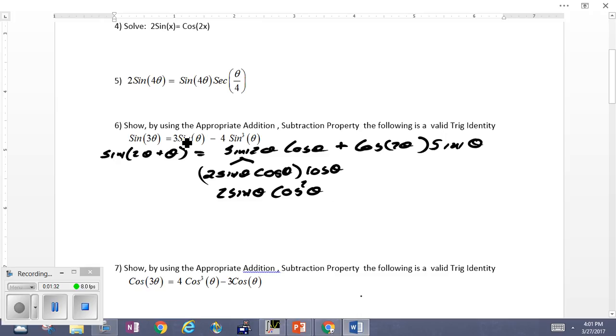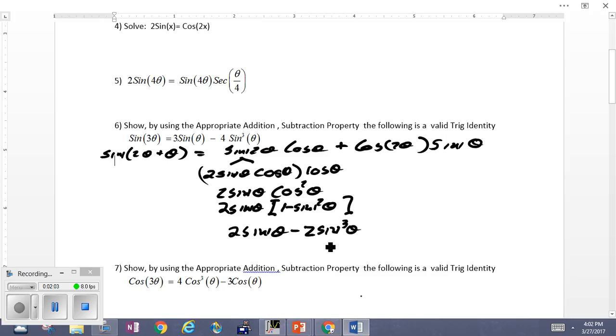Now, in as much as my right side's all in terms of sine, I'm going to re-identify that cosine squared as 1 minus the sine squared, and I'm going to distribute this 2 sine theta over it. So that's 2 sine theta minus 2 sine cubed of theta.